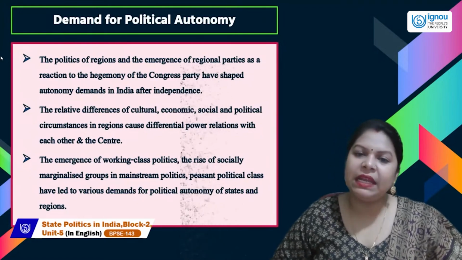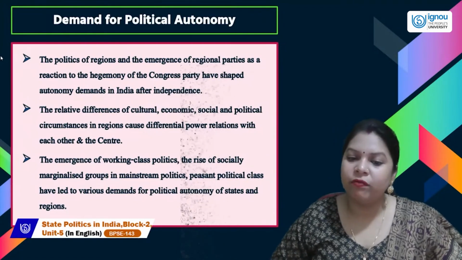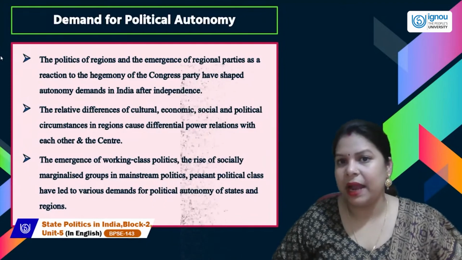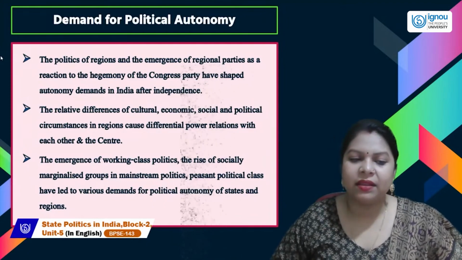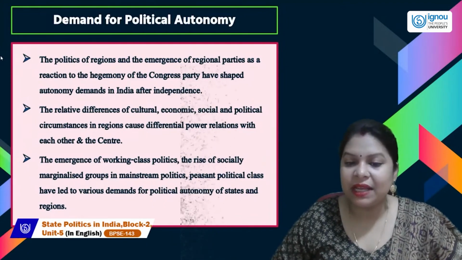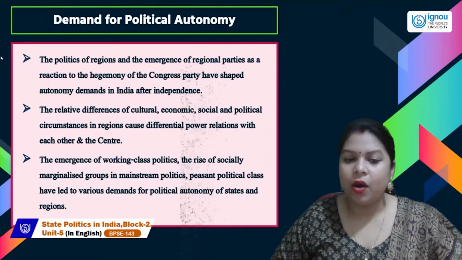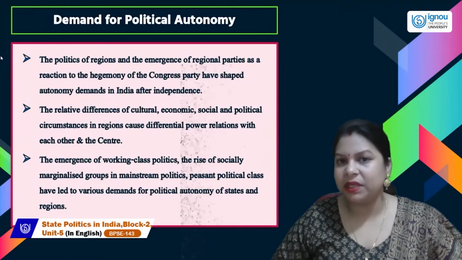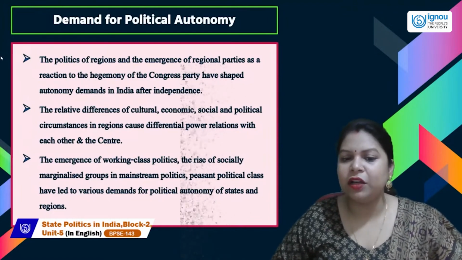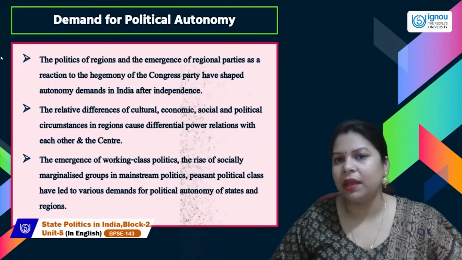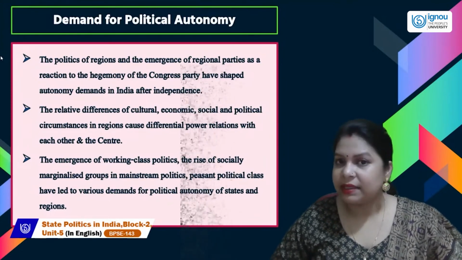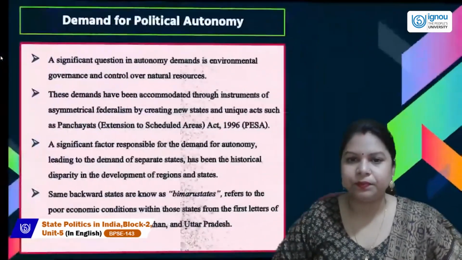Many movements were growing at that point of time, coming from the marginalized sections of society, the working class and the peasants. This is a new thing that was happening in India since independence.